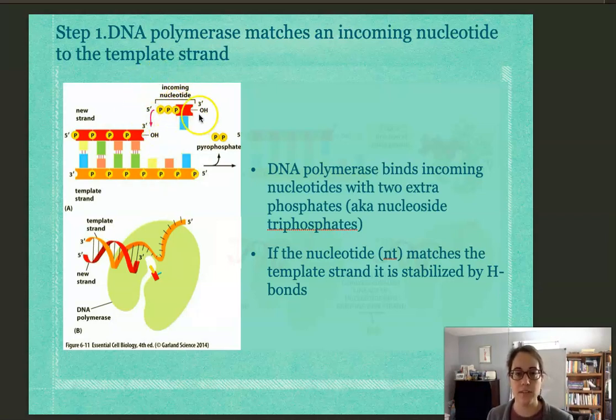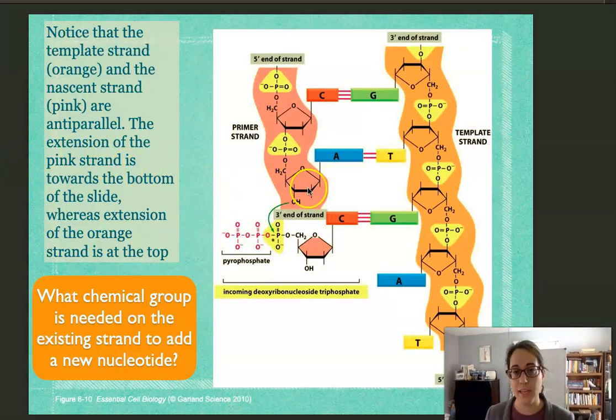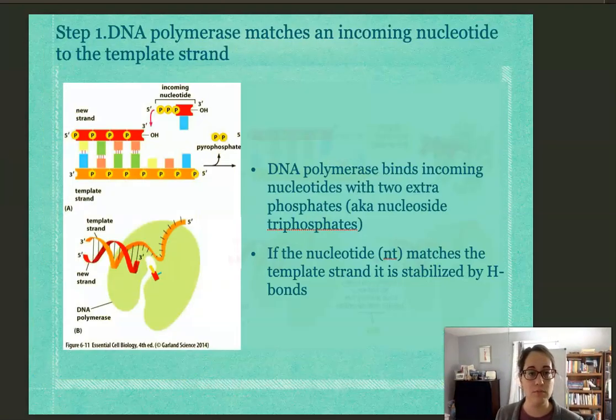So you'll notice that the nucleotide that is incoming has 3 phosphates. This is called a nucleoside triphosphate. When we're talking about the backbone of DNA, we only have 1 phosphate in between each of the nucleotides, right? Which leads us to the conclusion that we're going to get rid of 2 of these 3 phosphates.